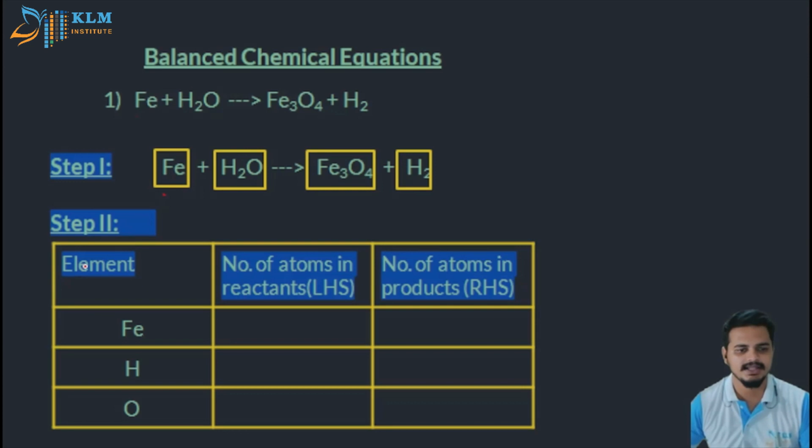Next step, you can count the number of atoms of reactants and products. Fe on the left hand side, that is the reactant side, is only 1. So write down 1 here, and on the right hand side there are 3 Fe, and hydrogen is 2, here 2 again. Oxygen is only 1 here, and there are 4 oxygen atoms here. Okay, so let's see how you balance such an equation.